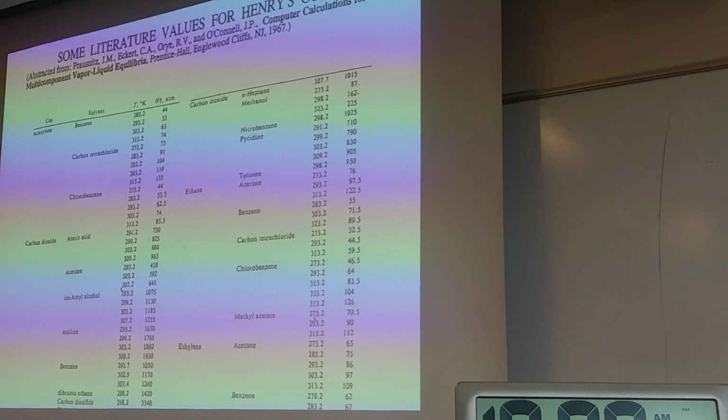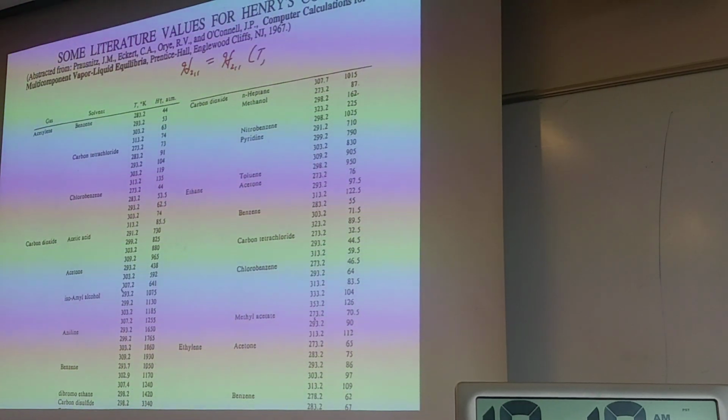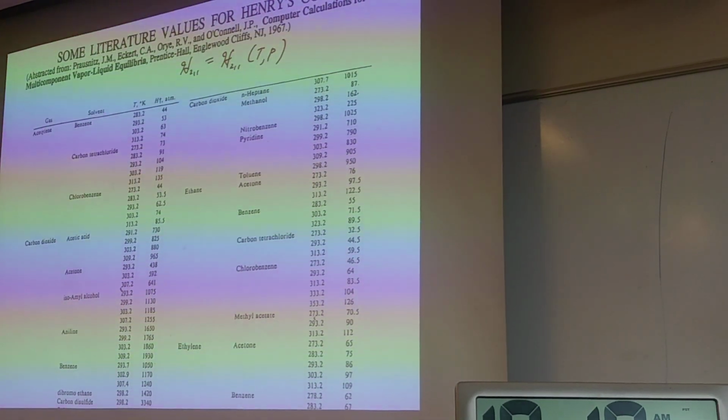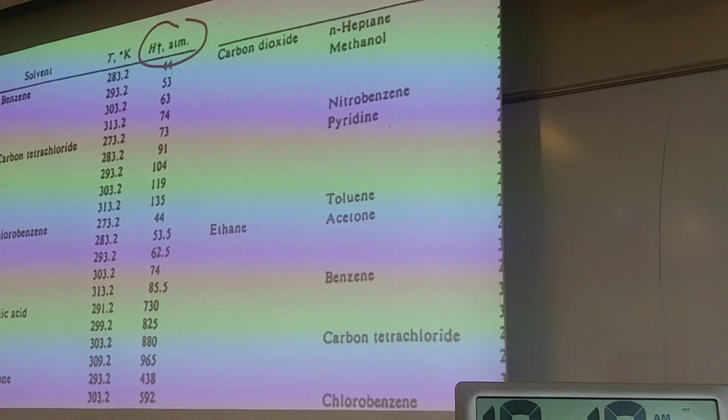So you'll notice that these values are given over a range of temperatures. So if we're going to be strict about it, then Henry's constant needs to be regarded as a function of temperature and pressure, as well as the particular system to which it applies.